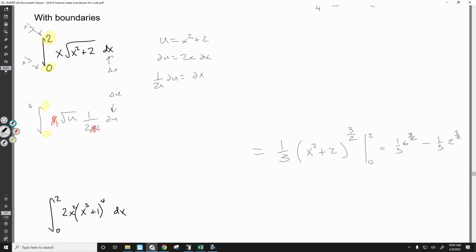I need u. This change of bases, which requires you to change your boundaries, is required knowledge for everybody. I have x's, but I need u's. How do I change x's to u's?